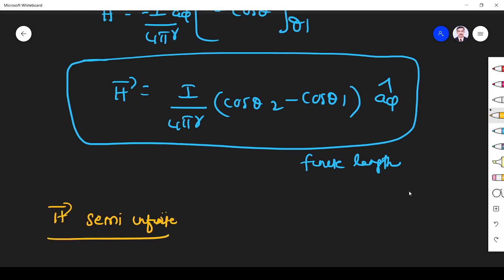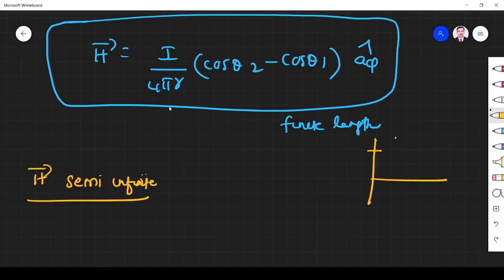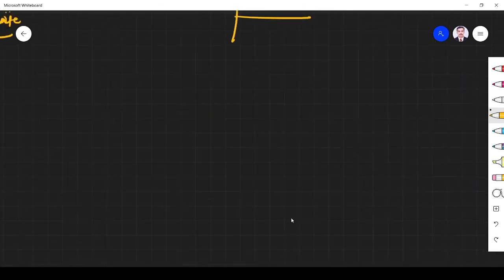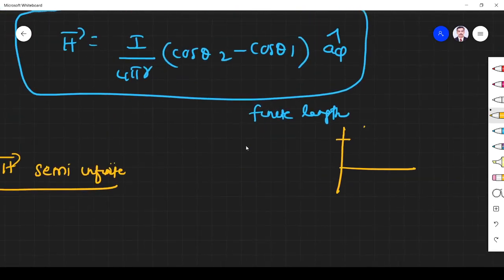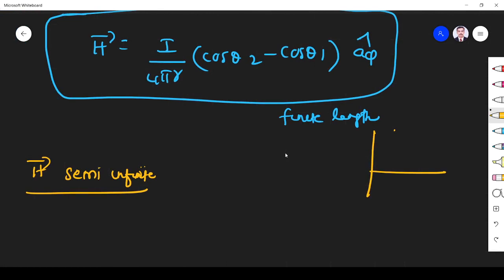We know that this is what we had, right? Our conductor was here. I draw somewhat bigger. So our conductor A starts here and ends here, right?